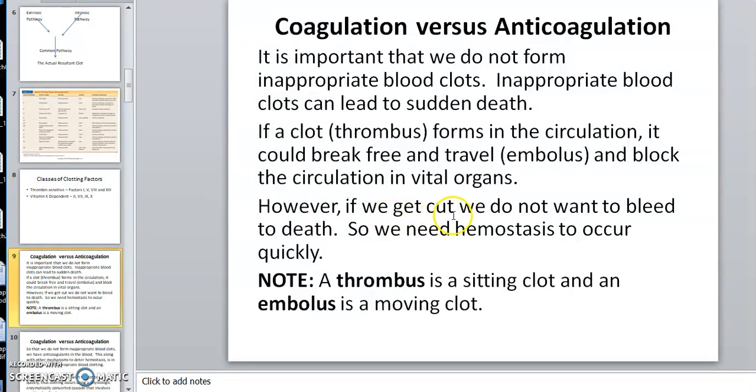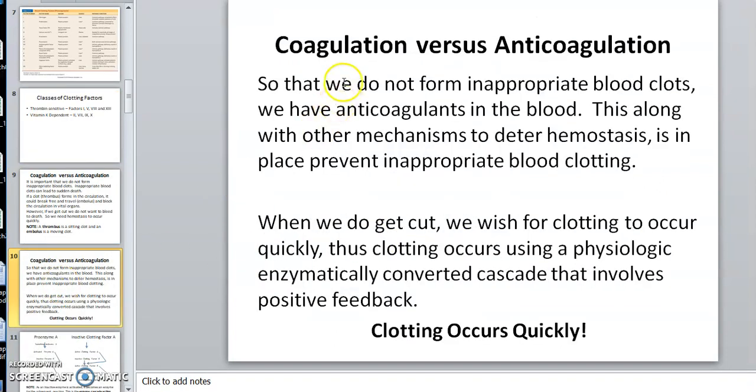Okay, so we don't want to clot inappropriately. However, if we do get a cut, a major cut, we need to clot quickly. So we need to keep the clotting factors from activating inappropriately, which would lead to a clot that could kill us. But when we do get cut, we want to clot very quickly. So that we do not form inappropriate blood clots, we have anticoagulants in the blood.